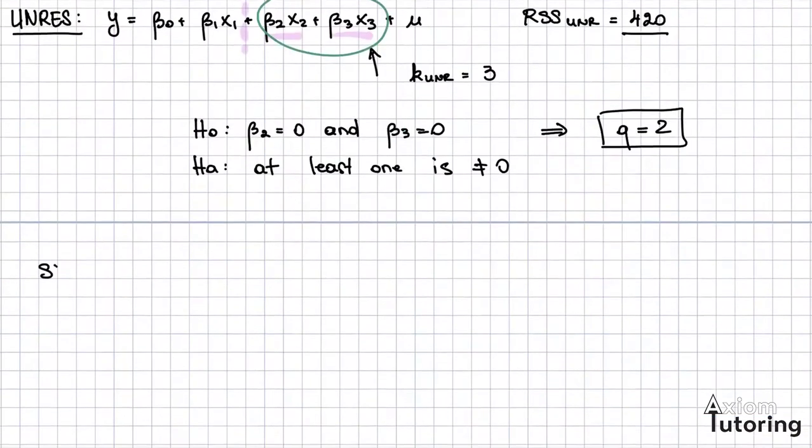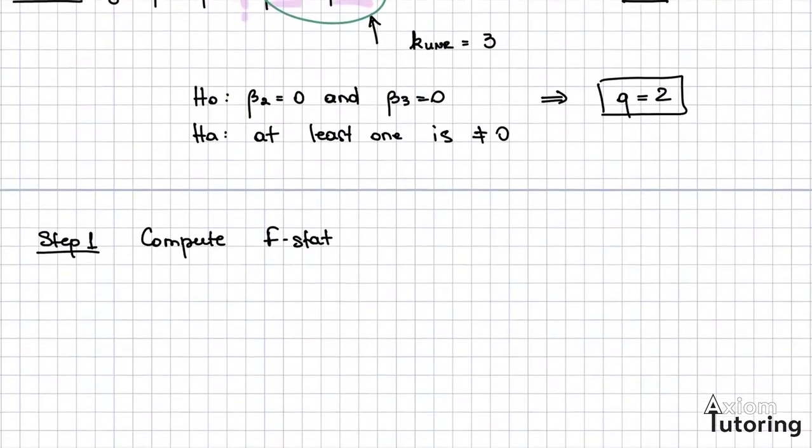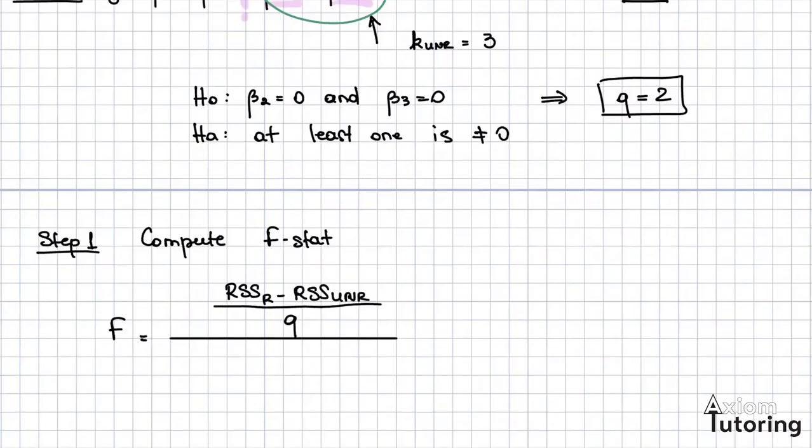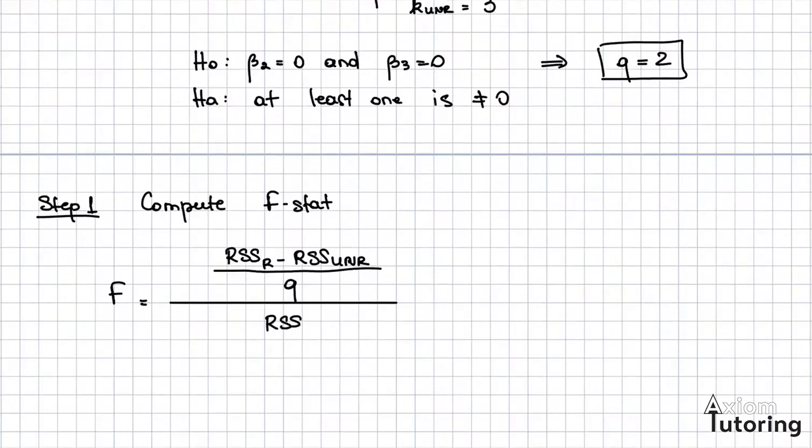So step 1, compute the F statistic. The formula, as a reminder, is RSS for the restricted model minus RSS of the unrestricted model, divided by Q. Then all of this over the RSS of the unrestricted model divided by N minus K minus 1.